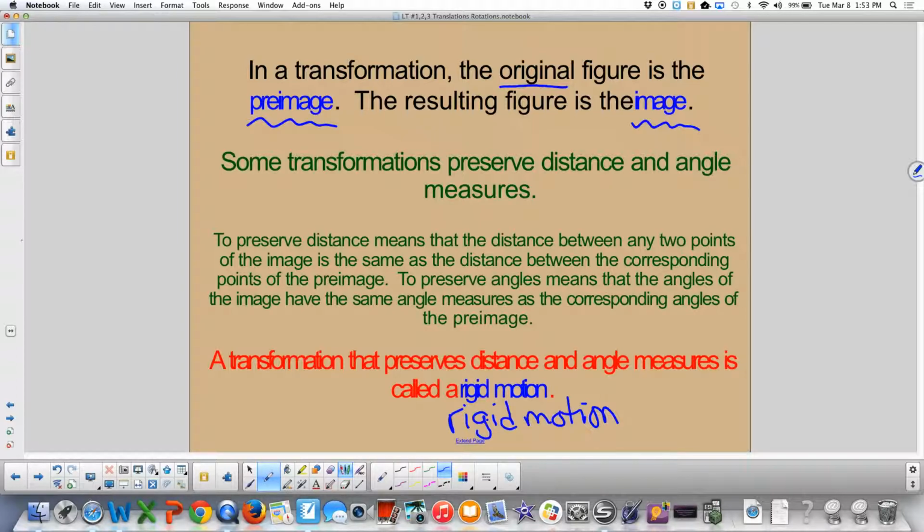So it's basically saying, if I have a triangle ABC, and I translate it to the right so many units, and I get A prime, B prime, C prime, everything is the same. These are two congruent triangles, so I have preserved rigid motion.